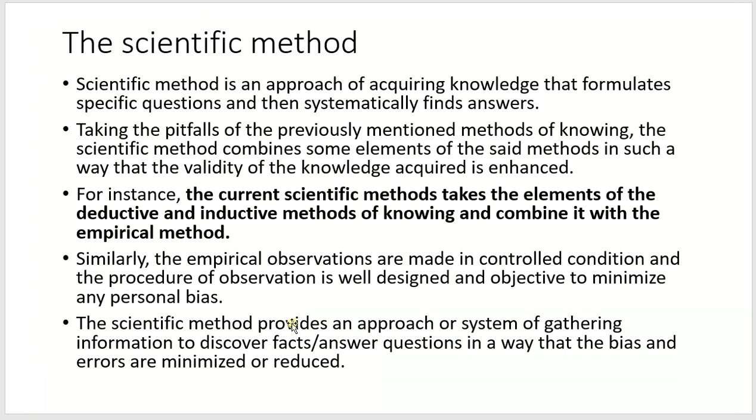The scientific method basically combines methods like the deductive and inductive method with the empirical method, and this combination becomes more scientific. Why? Because the knowledge acquired by a combination of logical reasoning and empiricism is likely to be more correct compared to these methods alone.